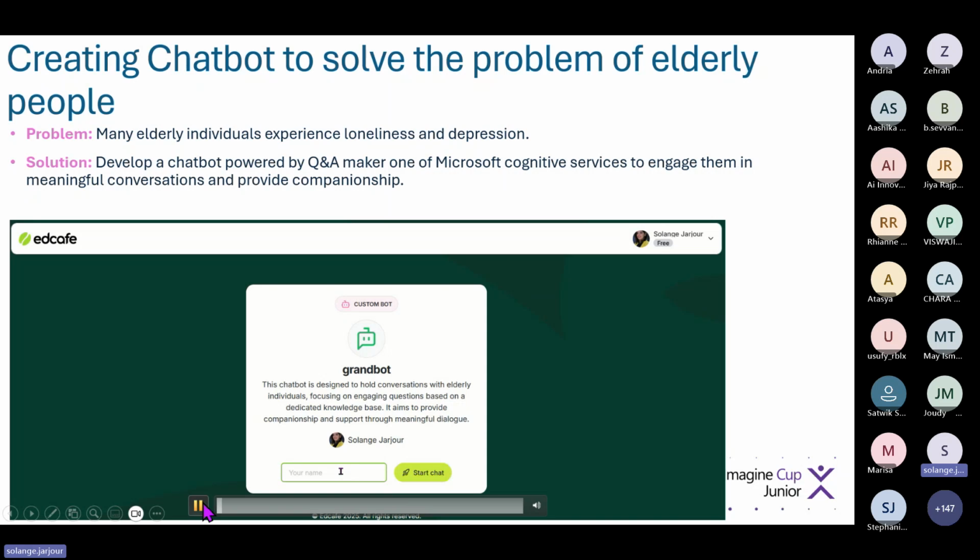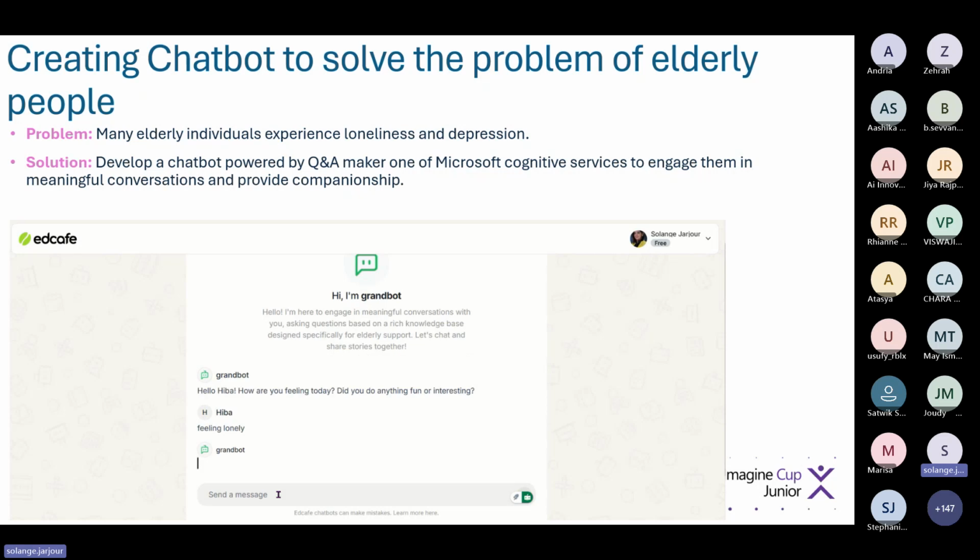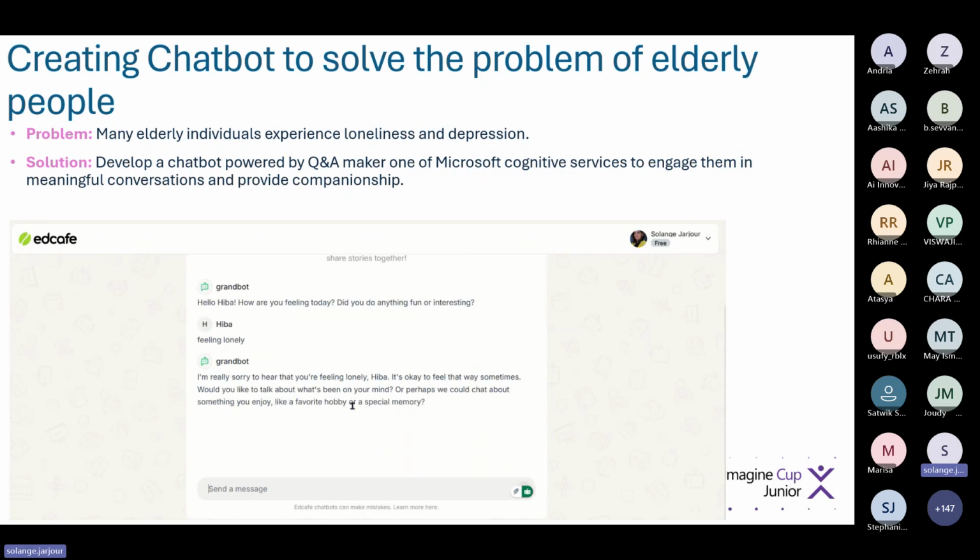Let's get started. So here it's asking about my name. What is your name? I'm saying my name is Hiba. So once I said my name is Hiba, the chatbot started greeting me, asking how I'm feeling and if I want to do anything. I'm telling him that I'm feeling lonely. So here he is asking me what we need to do together.